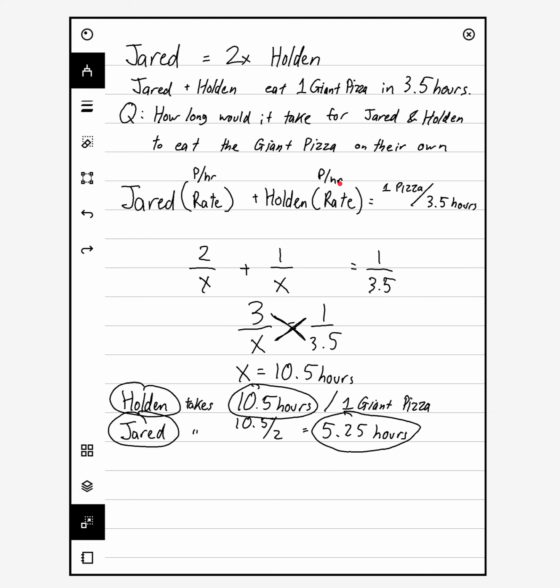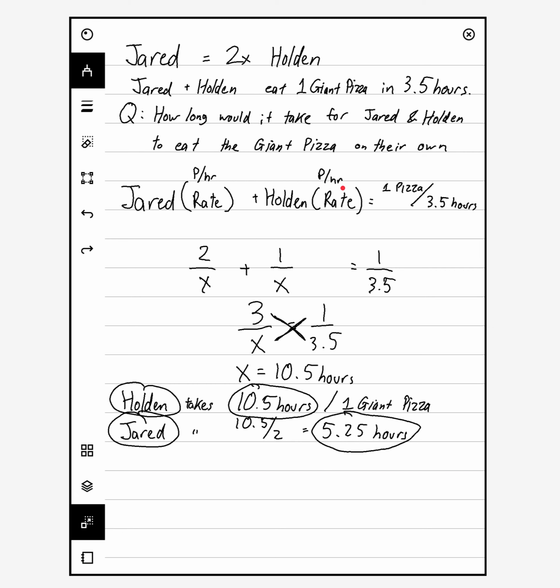So I know that the hours is going to be the unknown. But then you can either make hours 1 or you can make pizza 1. Since they said that it takes them 3.5 hours to eat one pizza, that's how I know that right here, I'm going to make that 1. I'm going to do 1 over.